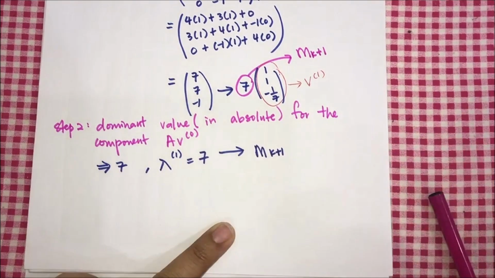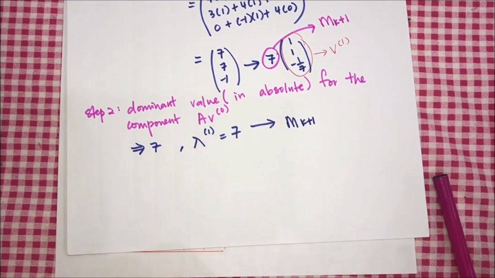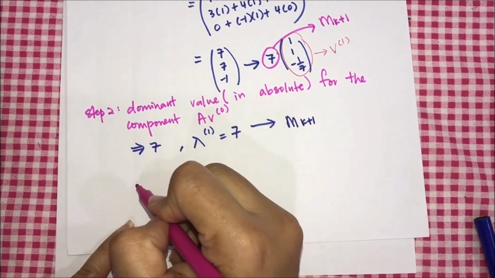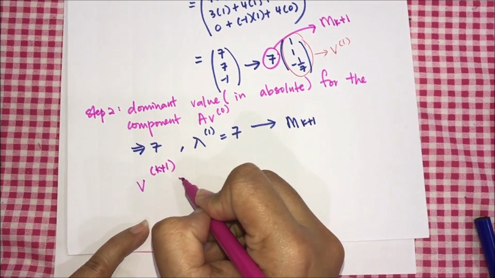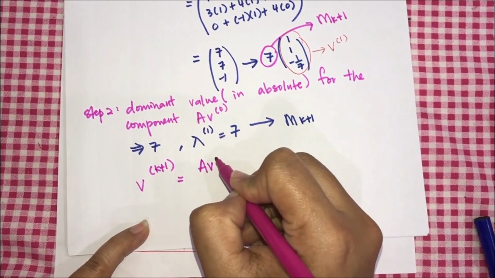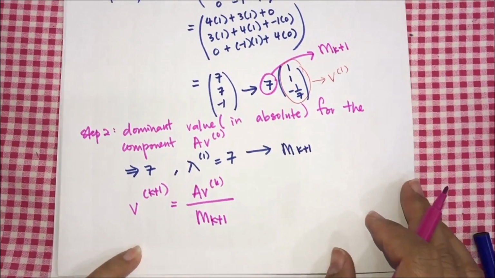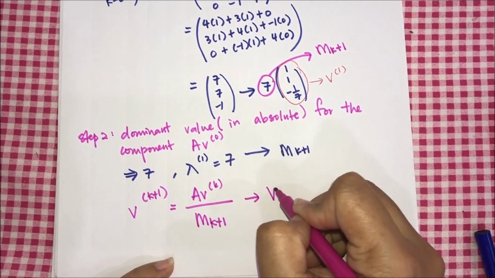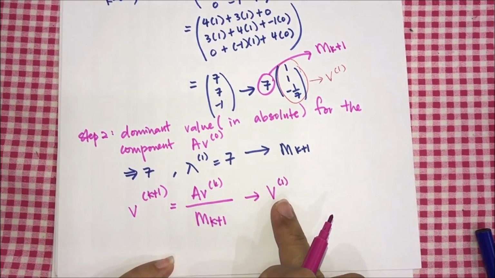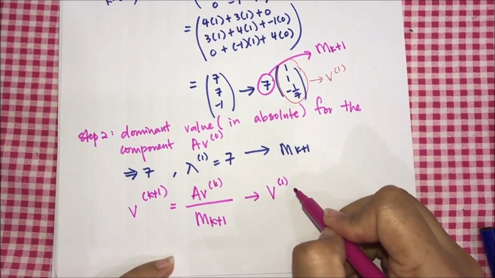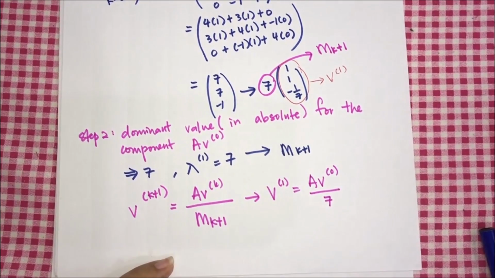You know what I mean? If we go back to the formula just now, remember I said that V(k+1) is equal to A V(k) over m(k+1). Let's say now we want to find V, the eigenvector for the first level. That means we have to do A V0 over 7.